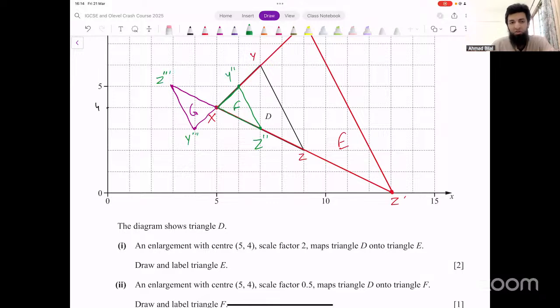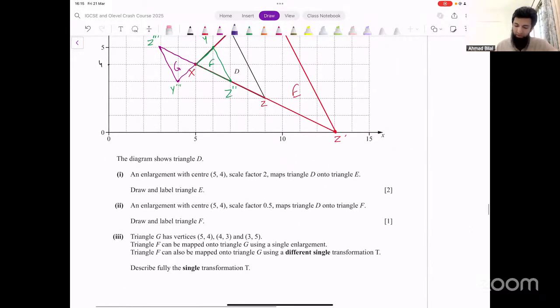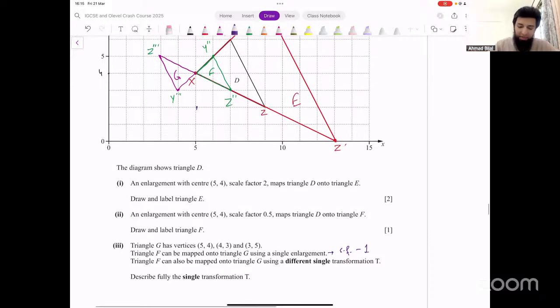And since the size is not changing, the size is the same, that means the magnitude of the scale factor is 1, that we're just multiplying the sides with 1. That keeps the sides the same length. So the enlargement that they're talking about is basically with scale factor -1. This enlargement has a scale factor of -1 and the center is at X.